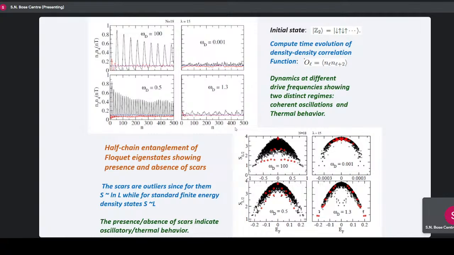So for omega 1.3, these are isolated states that lie outside the band, but these do not. So these red dots are the ones which have large overlap with the initial state and they contribute to the dynamics. These states do not contribute to the dynamics. So even if there are scars, they are not going to contribute to the dynamics provided we start from this initial state.